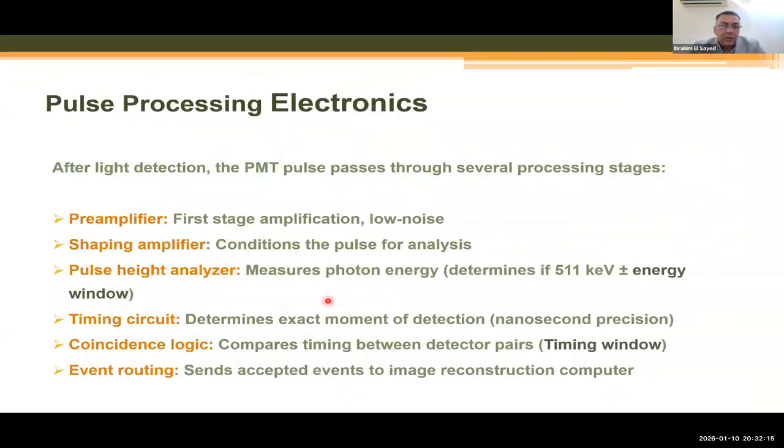The pulse height analyzer measures the photon energy and determines the annihilation photon plus or minus the energy window. The timing circuit determines the exact moment of detection with nanosecond precision. The coincidence logic compares timing between detector pairs, which we call the timing window, and the event routing sends the accepted event directly to the reconstruction computer.